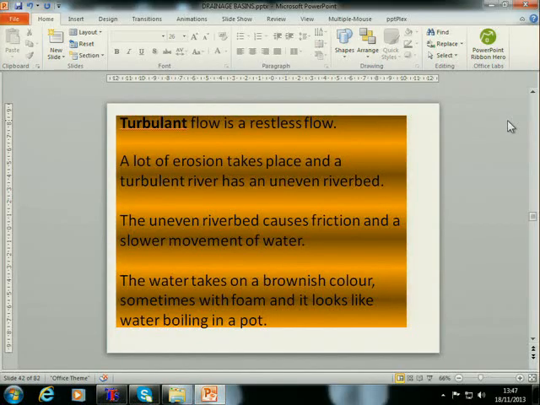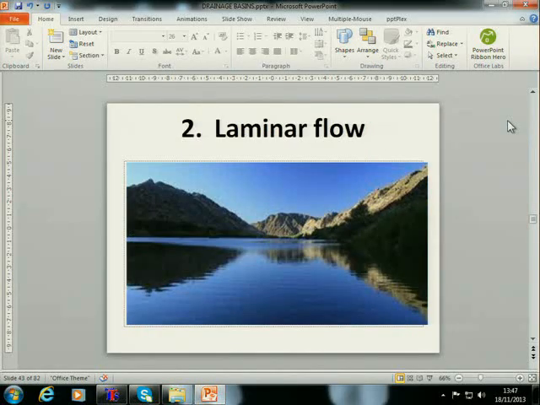The particles are flowing. Whereas laminar flow is a more peaceful flow. Guys, this does not mean that the water flowing laminarly is not fast. Please remember that. And that is a huge mistake that people make when they go swimming in a river.